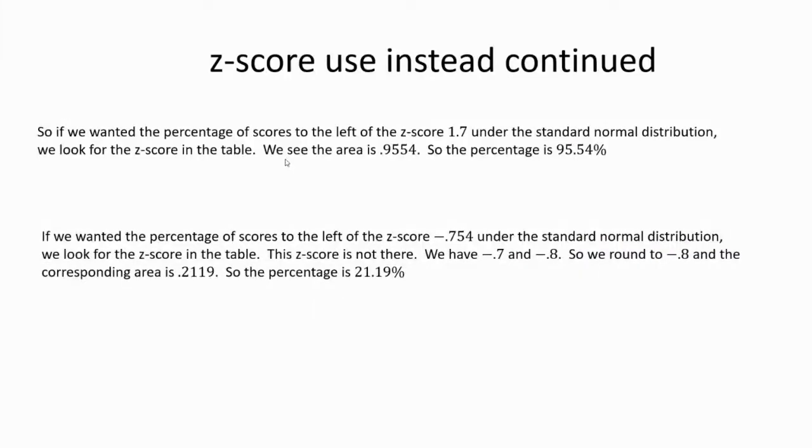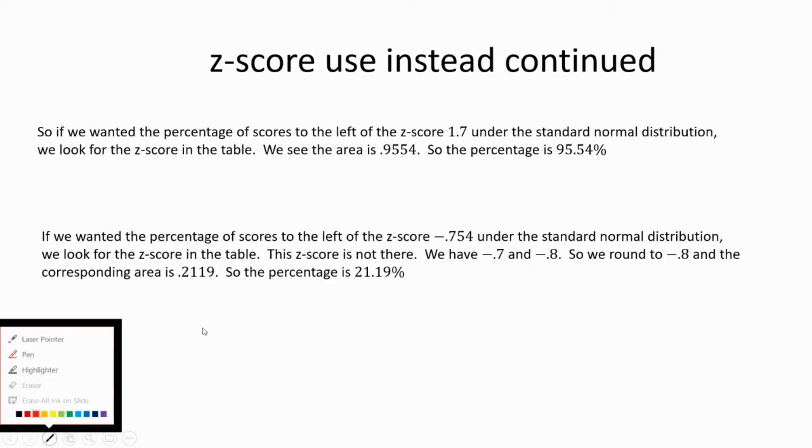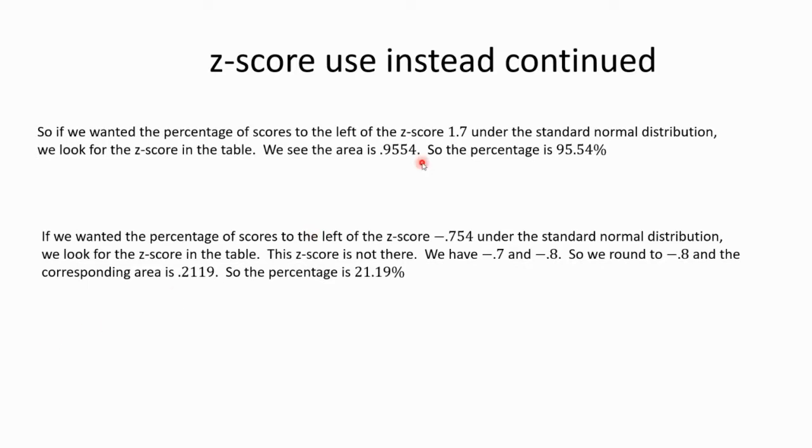All right. So let's do an example actually. Let's say we have a normal distribution, and let's find the percentage of data values to the left of the z-score 1.7.